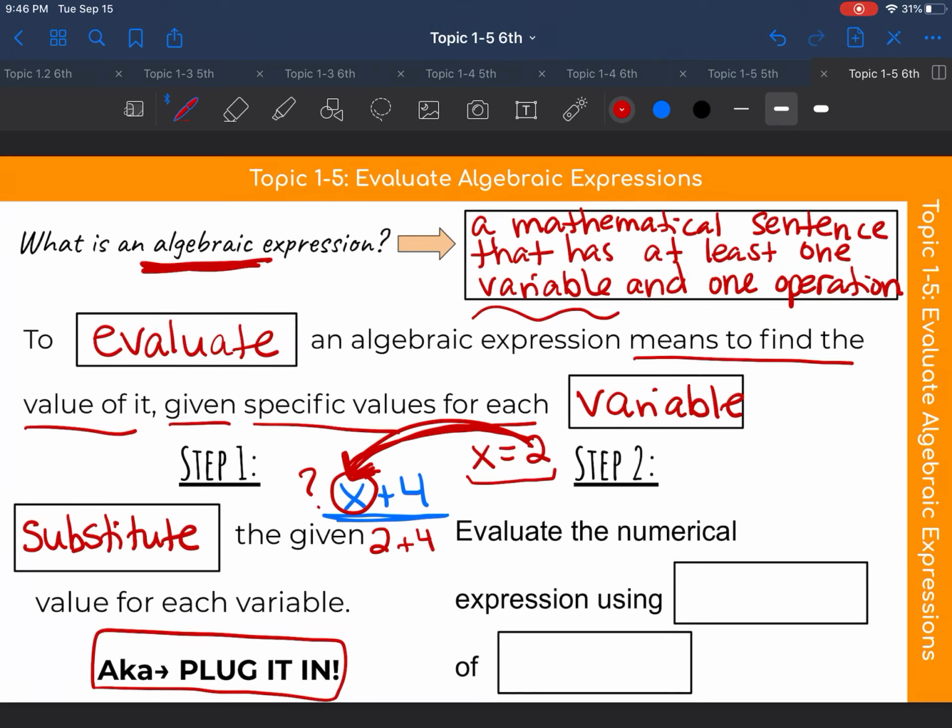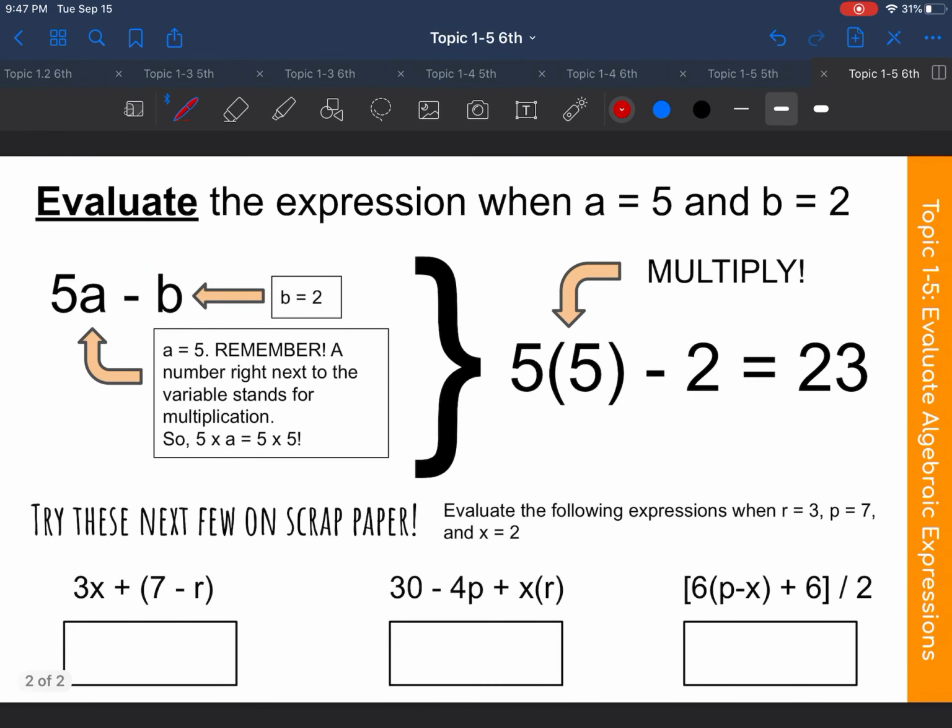Step 2 is evaluate the numerical expression using order of operations. We did this a few topics ago. That is parentheses first, exponents, multiplication and division in the same step, addition and subtraction in the same step. Or you may have seen it as PEMDAS, okay?